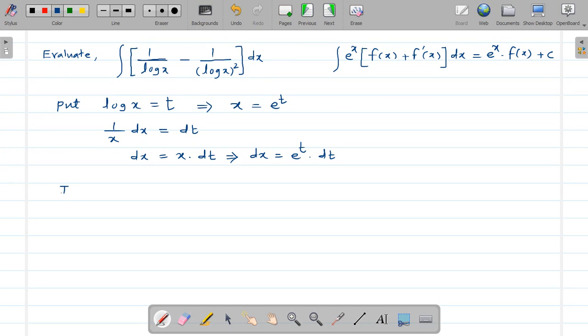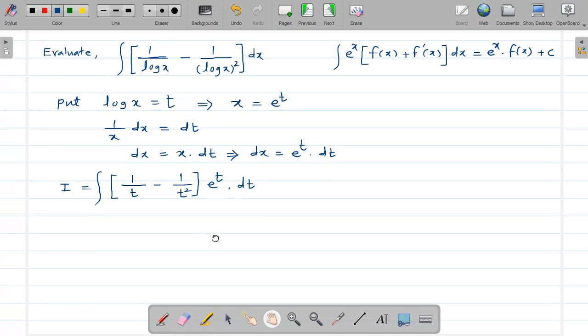So the original integration changes as per the substitution. We get 1 upon, in place of log x I will put t, minus 1 upon t square, and in place of dx I will put e raised to t into dt. Now with respect to t we have to evaluate the integration.